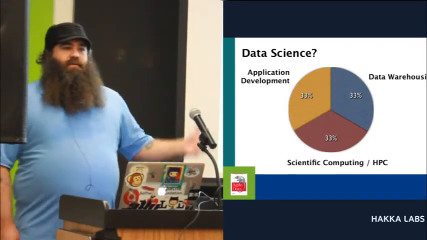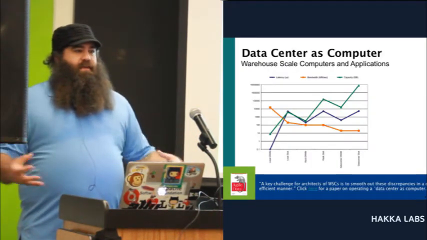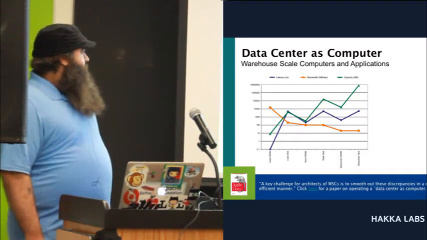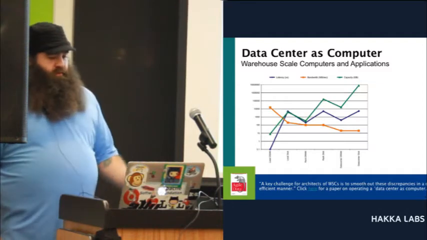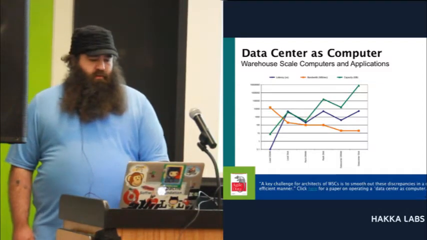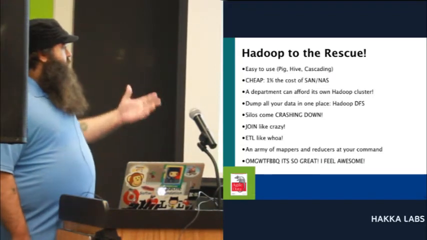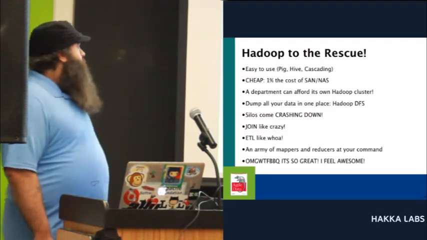So now we've got these warehouse scale machines, but it turns out it's very hard to utilize them at scale, all the different commodity machines together, because of the disparities in speed and capacity of local RAM, local disk, and network. And so Hadoop to the rescue. It's really easy to use, especially as compared to MPI and these other platforms and frameworks.